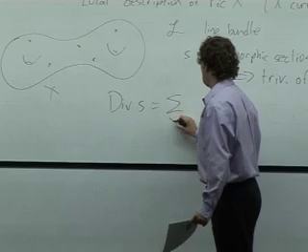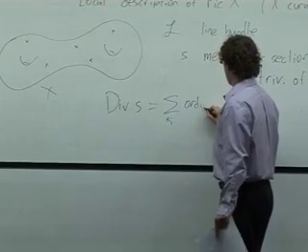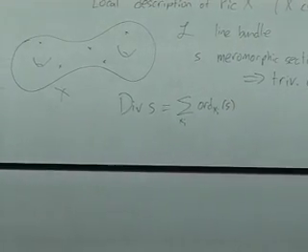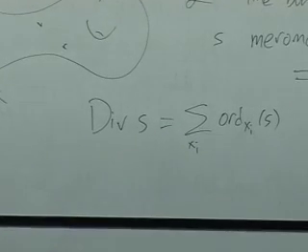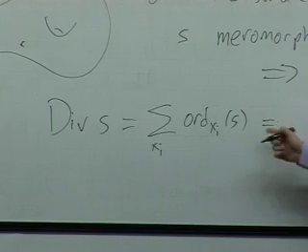So we look at the sum over these points x_i of the order at x_i of the section S. So this is the order of zero or pole. And then we realize that, well, I might as well be a little less efficient.